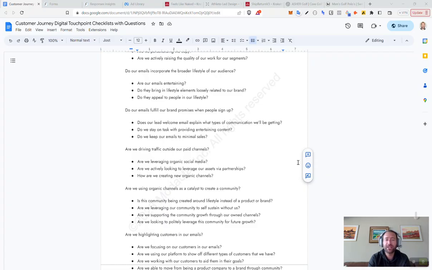How are we creating new organic channels? This one's a little bit harder and stickier to get into, but you're looking to find people adjacent and audience adjacent. When we run ads on paid media, we're running towards conversions, because we need to run ads with the highest chance of getting someone to convert. We need to drive traffic directly to our site, which is the most likely traffic to convert, so that we can have clean numbers and understand what that looks like.